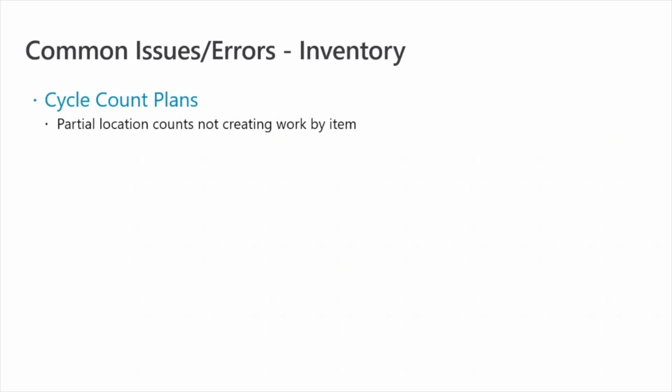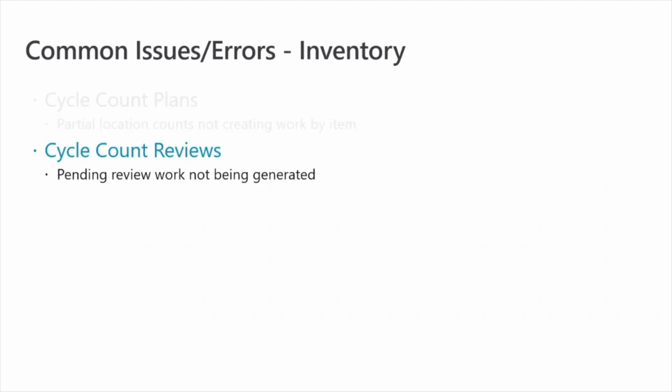Regarding cycle counting, if you are running cycle count plans, the regular recurring plans where you might be doing counts weekly, monthly or quarterly, and you are trying to configure those plans to do partial location counts, meaning by item for multiple item locations, and your cycle count plan is generating work for the entire location instead of by item, which is not the desired output, then you may be running into that issue, and we'll discuss how to troubleshoot that.